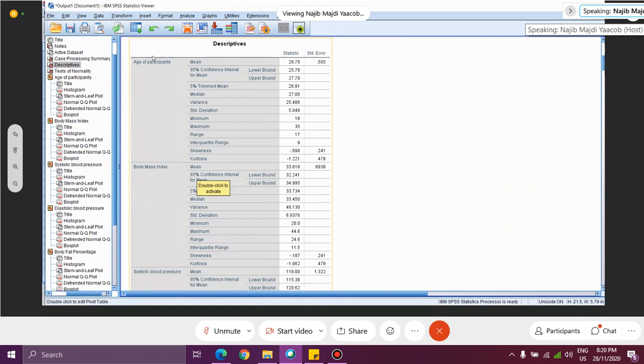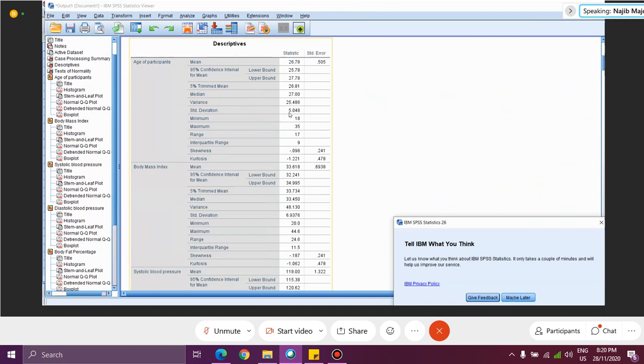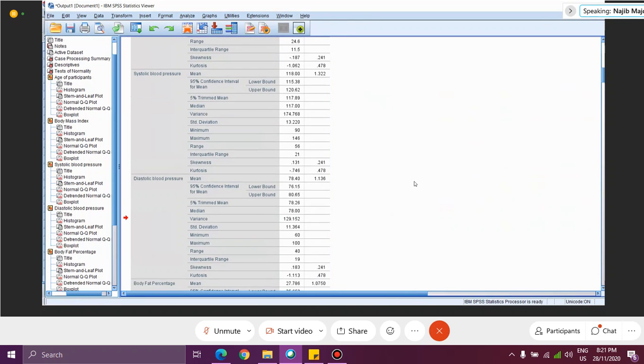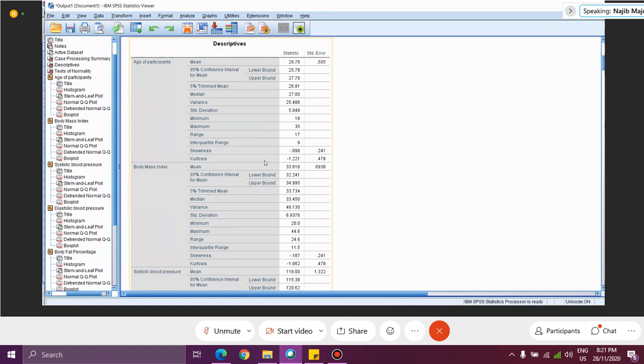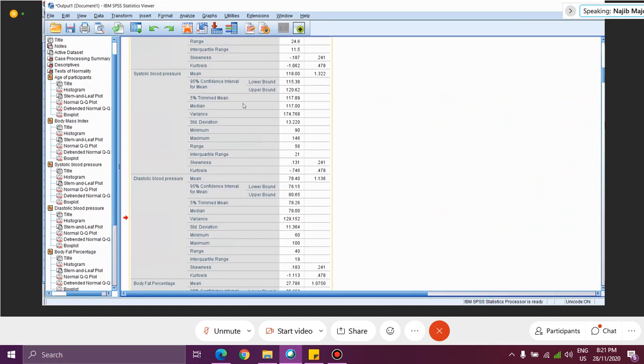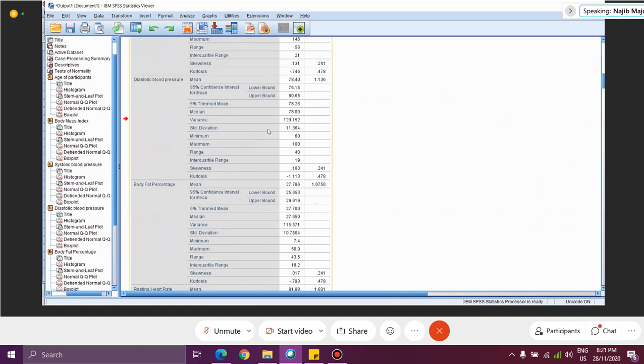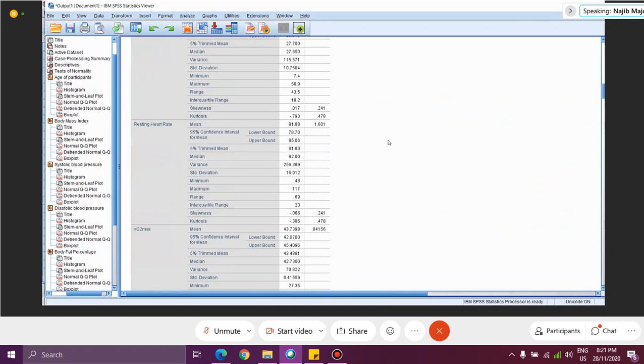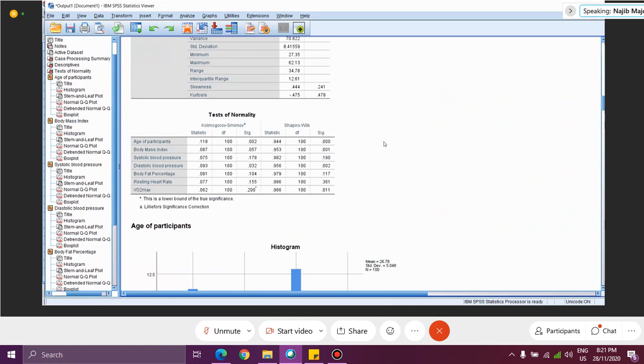For example, age of participant, you can quantitatively determine the distribution by looking at the mean and the median, the standard deviation in relation to the mean, the skewness and kurtosis values. So you need to examine all these quantitative parameters to assess normality, to assess distribution of each independent variable.